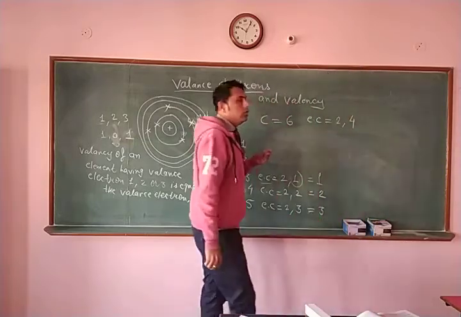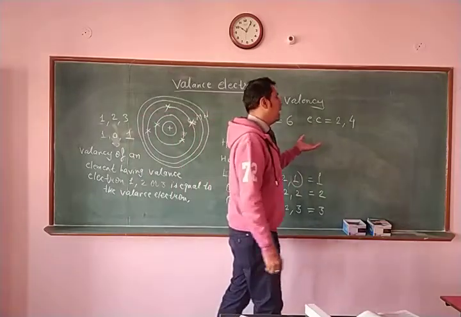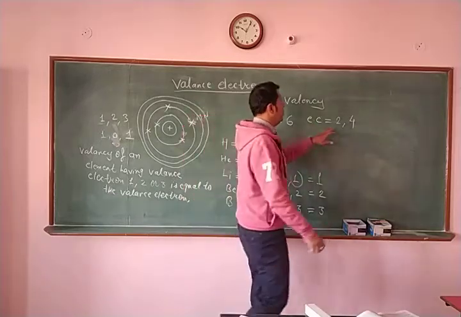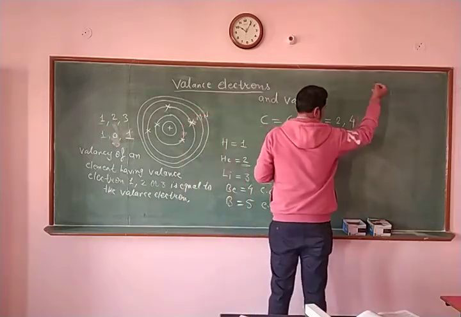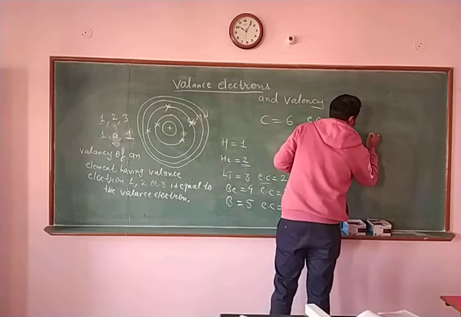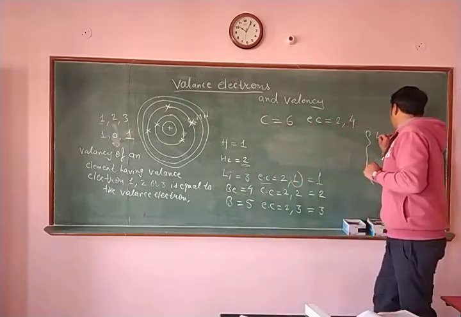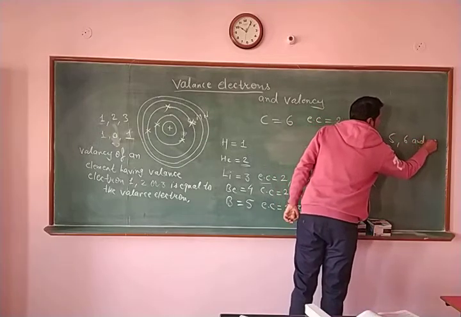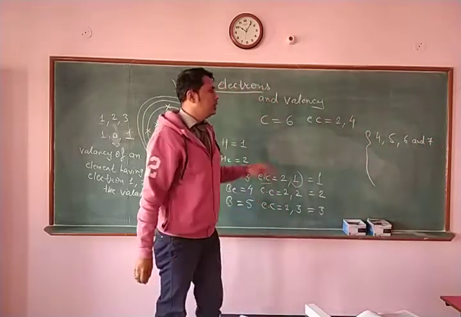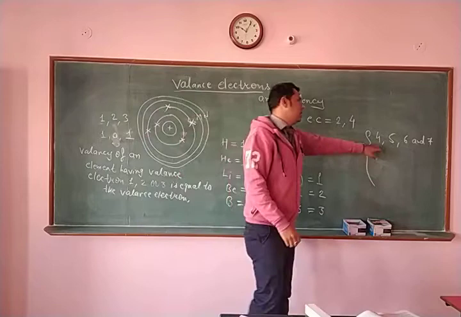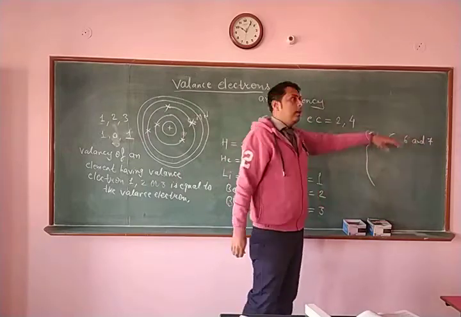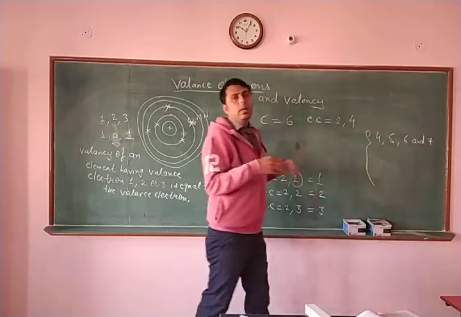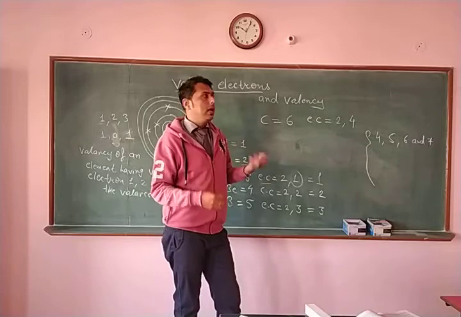How many do we have to add to complete the octet? So if an element contains 4, 5, 6 or 7 valence electrons, for calculating valency we have to take the number of electrons to be added to complete the octet.